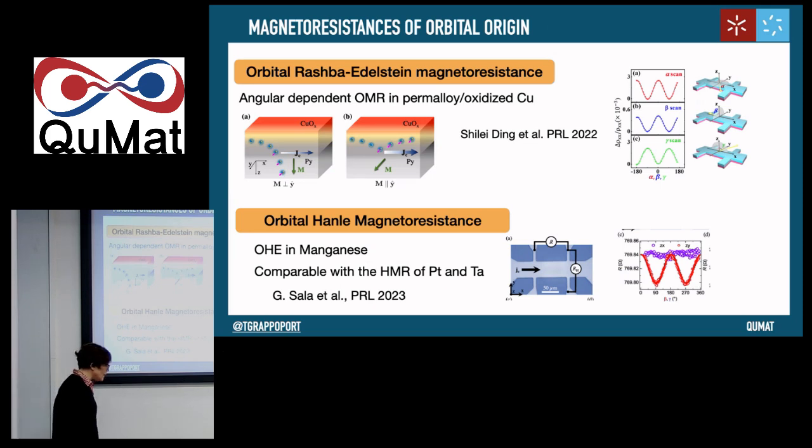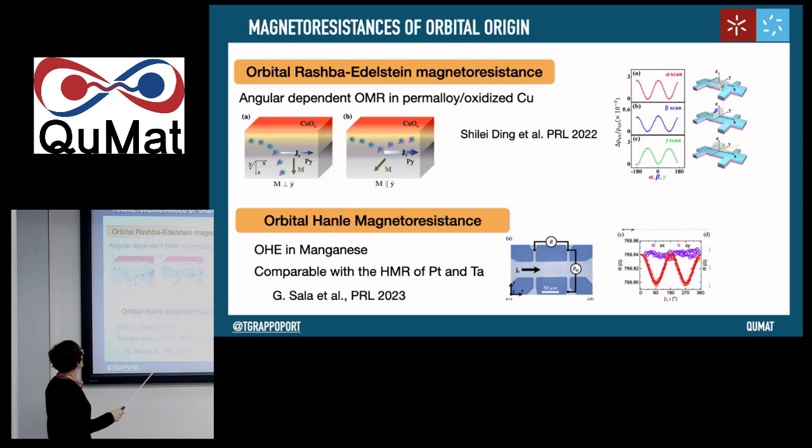The same way, there are many magnetoresistances with spin origin, like the Hanle magnetoresistance. There are few works measuring the equivalent magnetoresistance for orbital characters.